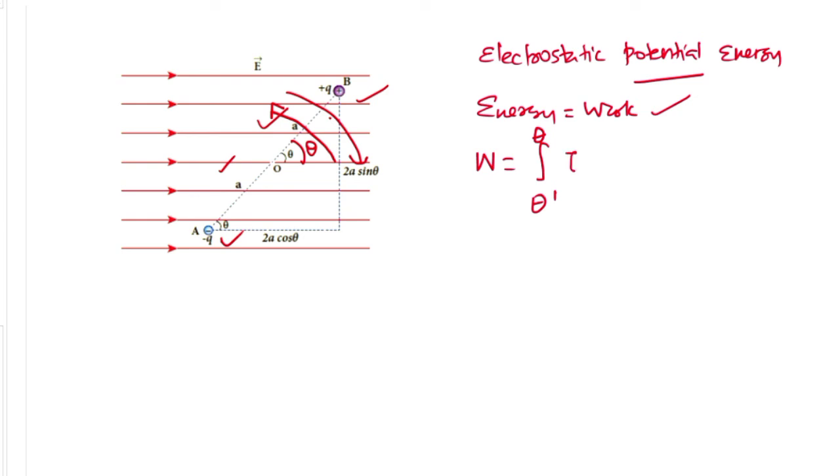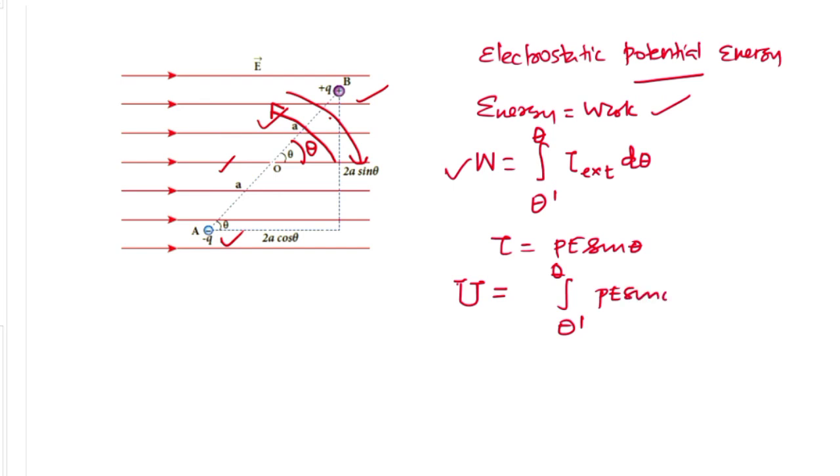So this is tau external, that is force, into displacement, which is angular displacement, d theta. We know that tau is equal to PE sin theta. So this work done can be taken as the electrostatic potential energy U, which equals the integral from theta prime to theta of PE sin theta d theta.